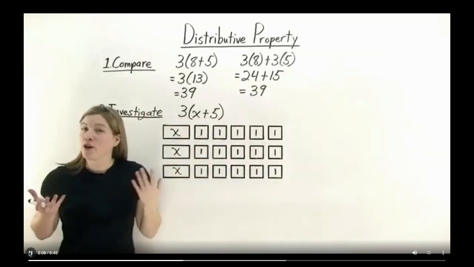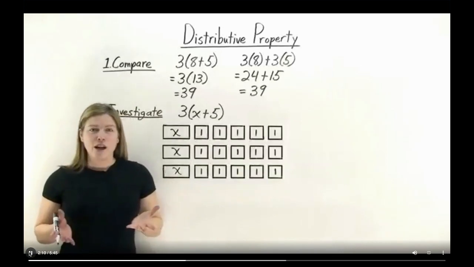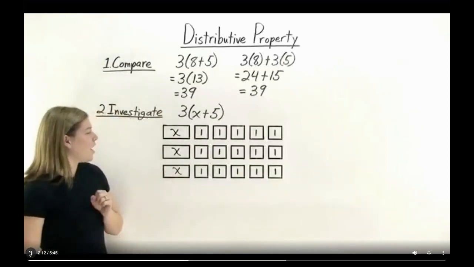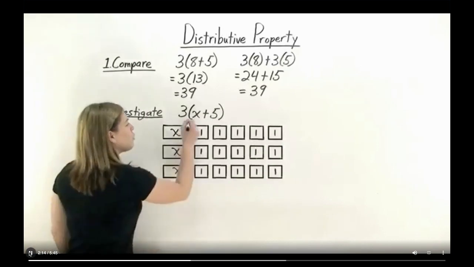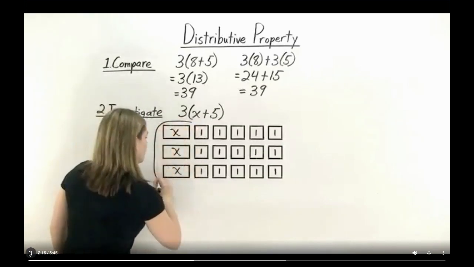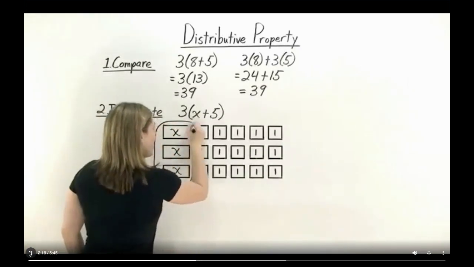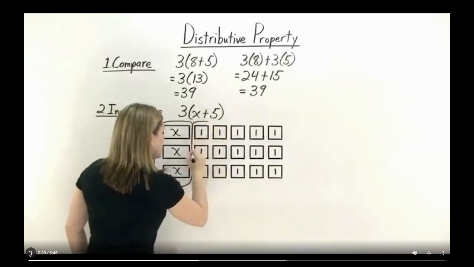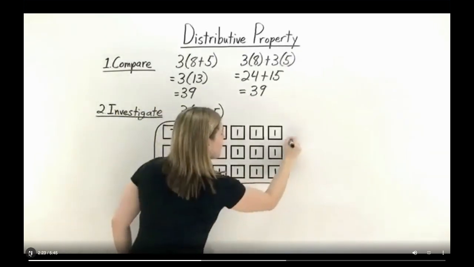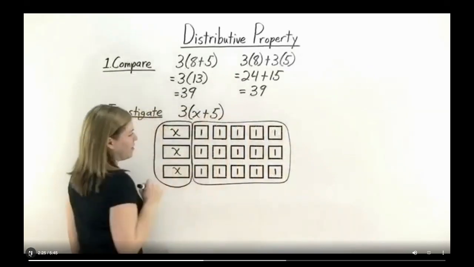Now, is there a way that we could reorganize these algebra tiles to maybe write this expression in a different way? Well, let's group the like tiles together. So let's put the x's together and these singular tiles together and reorganize them that way.